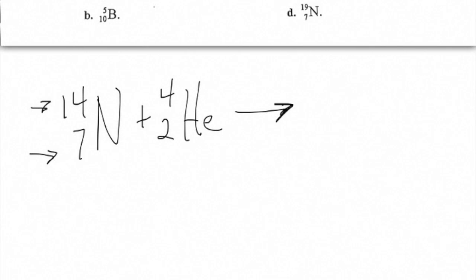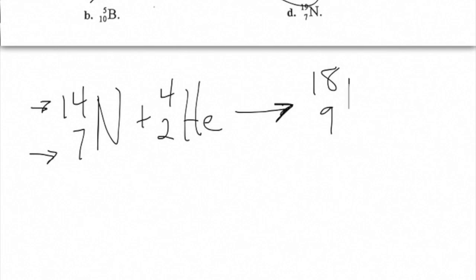So if I add 14 and 4, I get 18. If I add 7 and 2, I get 9. And it's not nitrogen 18 over 9 because number 9 is not nitrogen. Number 9 is fluorine. So that would be choice C. And the other ones just don't work out numbers-wise. So this is fluorine. You'd have to look that up on the periodic table.